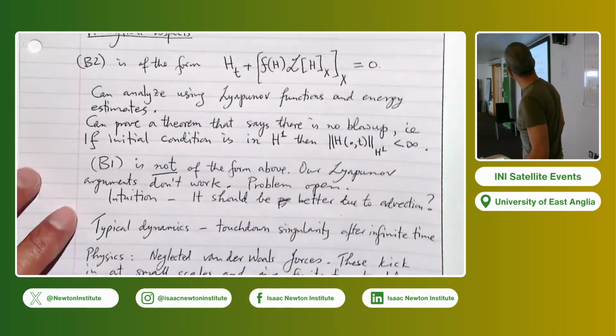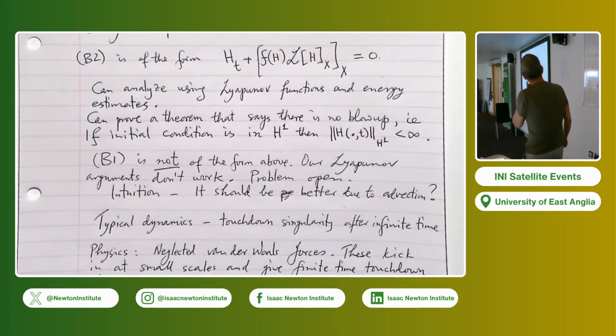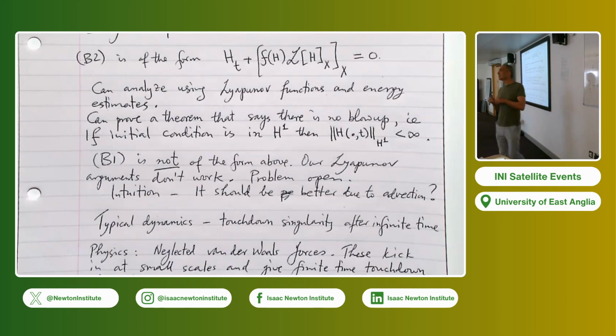Okay, so what we managed to do is to show that this has smooth solutions if you start with smooth initial conditions. In fact, as long as the initial conditions are in H1, in other words, their derivatives are bounded, then you get existence of solutions, and they remain bounded with bounded derivatives for all times.